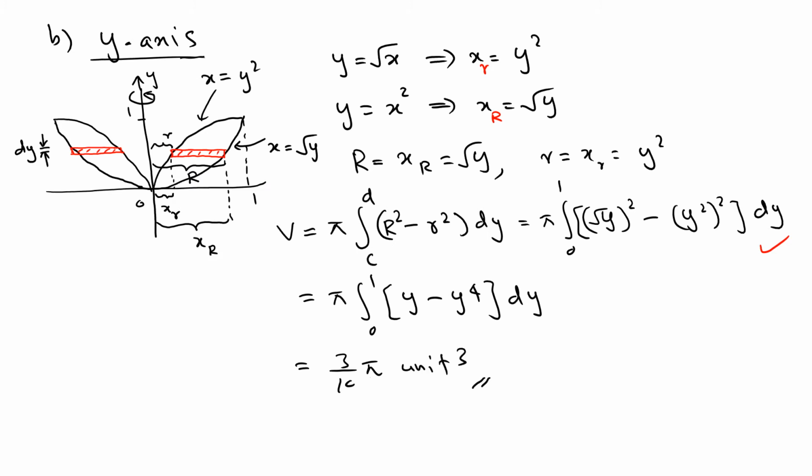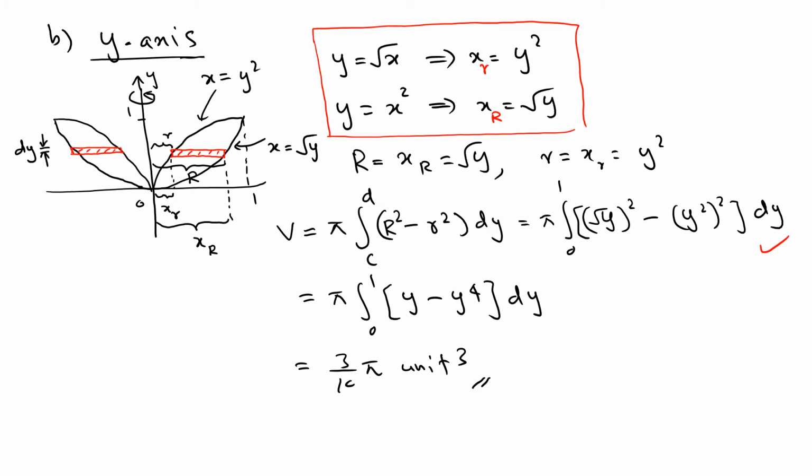The reason is that when you transform from an x integral to a y integral, the curves switch. So this is the extra step we need when you do y integrals: you always need to solve for x first.